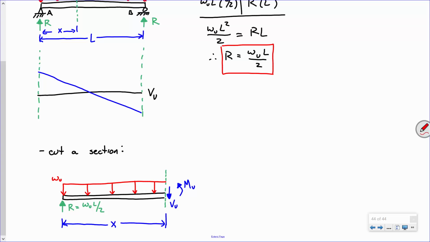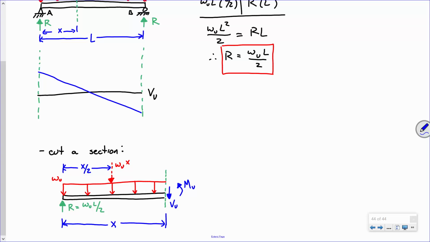Should I just draw a bunch of arrows on it? All right. Collapse that into a point load W_U times x. Now, we can go ahead and put a distance and say this is x over 2, but it actually isn't going to matter because we just care about shears. Now, how do I determine that shear inside the cut?